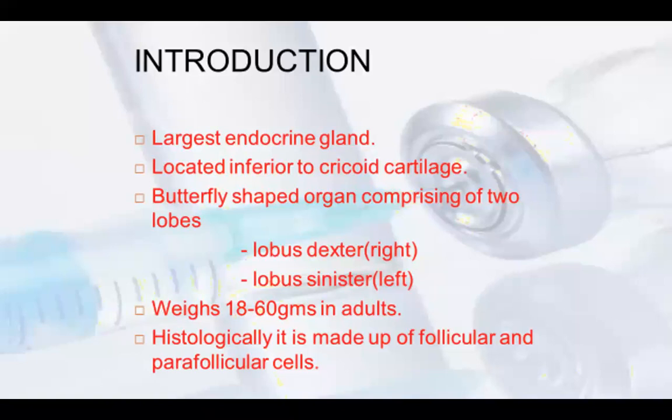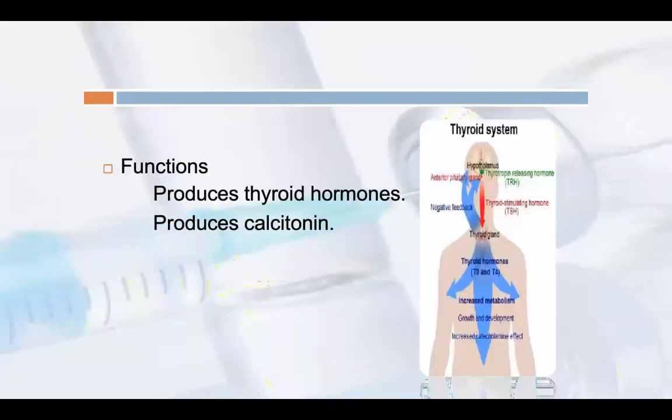It weighs 18 to 60 grams in adults. Histologically, it is made up of follicular and parafollicular cells. Its function is to produce thyroid hormones and also produce calcitonin.